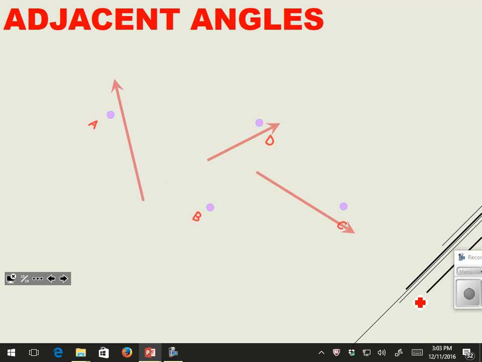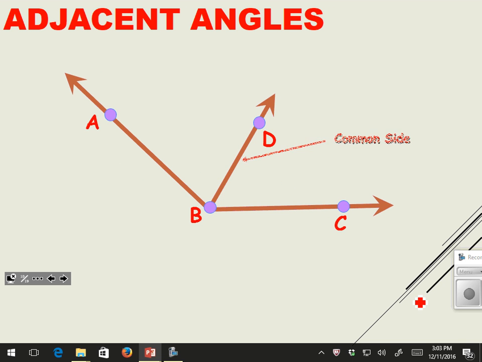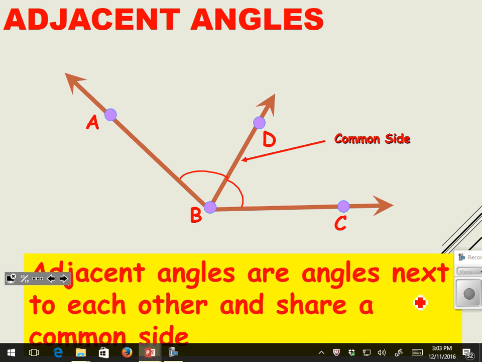Well, adjacent angles share a common side. If you look at this image, you have two angles. You have this one, and you have this one. And they share a common side. So adjacent angles are angles next to each other and share a common side.